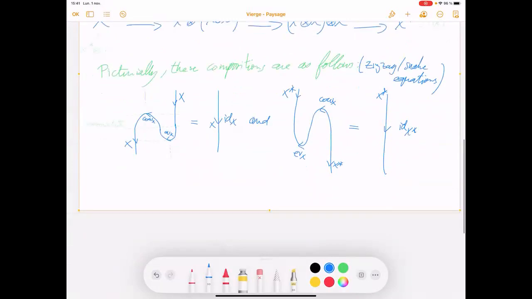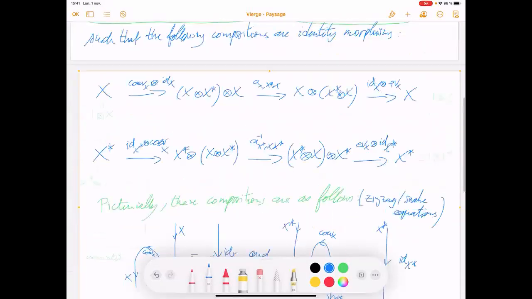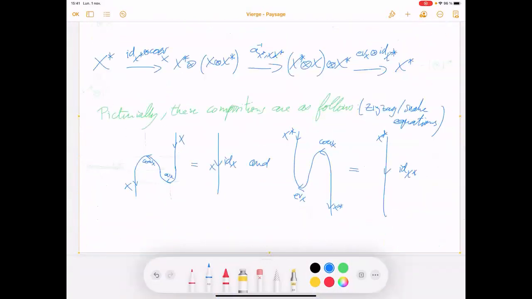Okay. So you see, these two axioms for being an evaluation and co-evaluation are very intuitive. You just deform topologically this picture into a simpler one.